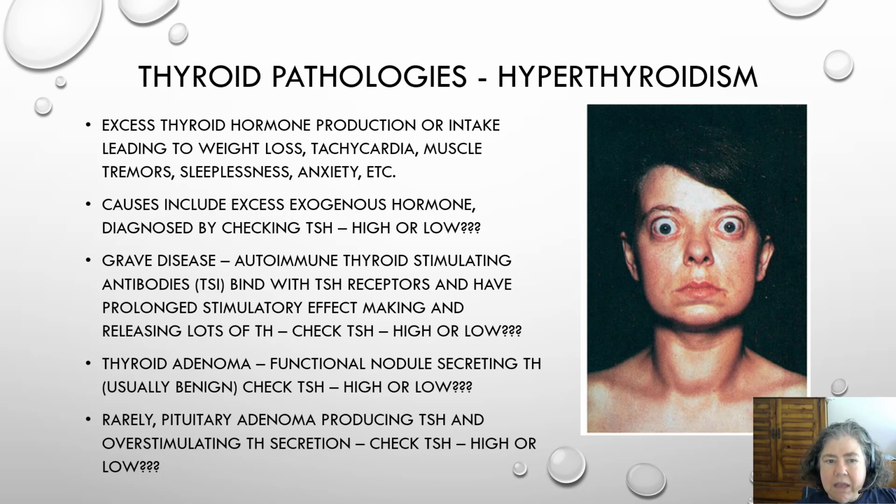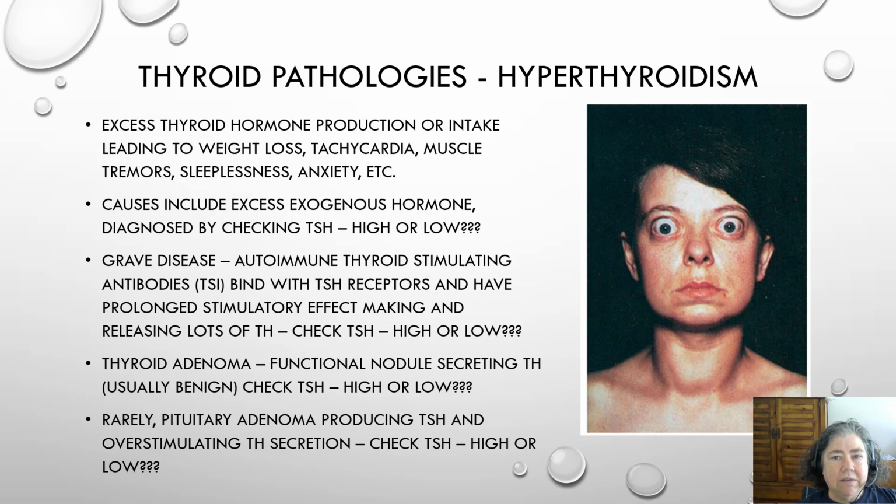If you were to draw blood and check a TSH, would it be high or would it be low? And again, it would be low because all of the excess thyroid hormone being made by the adenoma is feeding back to the hypothalamus and the pituitary and decreasing TSH production.